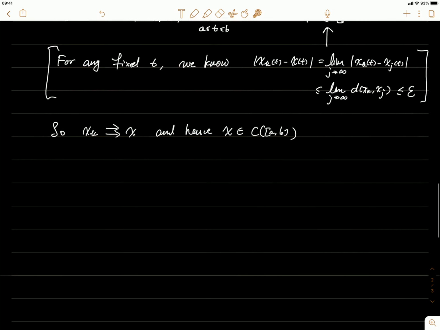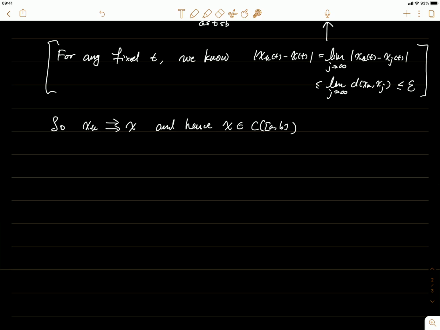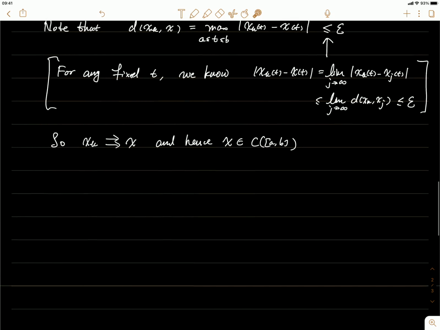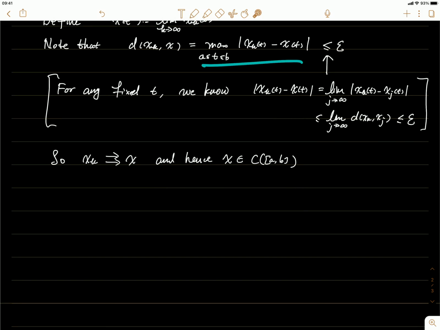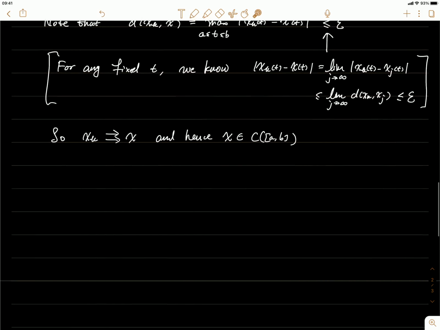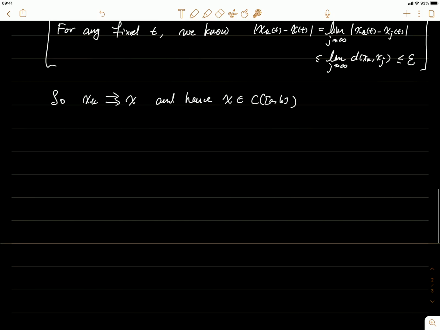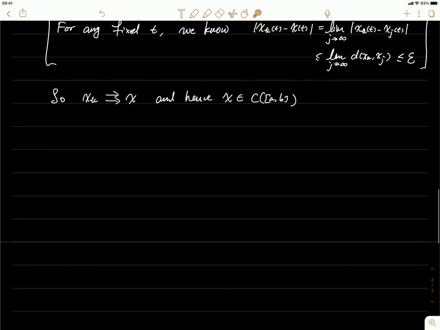Okay, so we're going to talk about this later, but later in this class, we'll consider the standard space C[a,b]. That means we're using the metric we just said. Okay, this one, or you could use this like this. And in this case, we know that it's a complete space.